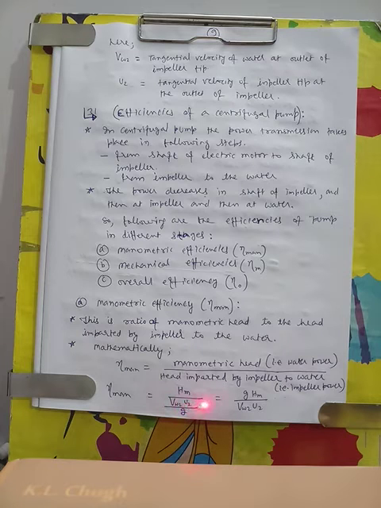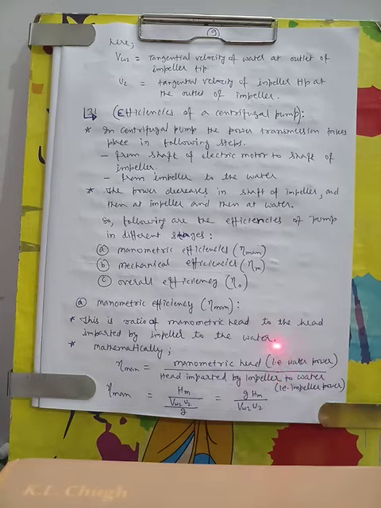So the manometric efficiency is HM divided by head imparted by impeller to the water, that is VW2 U2 by G. We have seen in the last article. So this is called manometric efficiency. What is a manometric efficiency? It is the ratio of manometric head divided by head imparted by impeller to the water. Or you can also write the water power at the outlet of the delivery pipe and the impeller power.